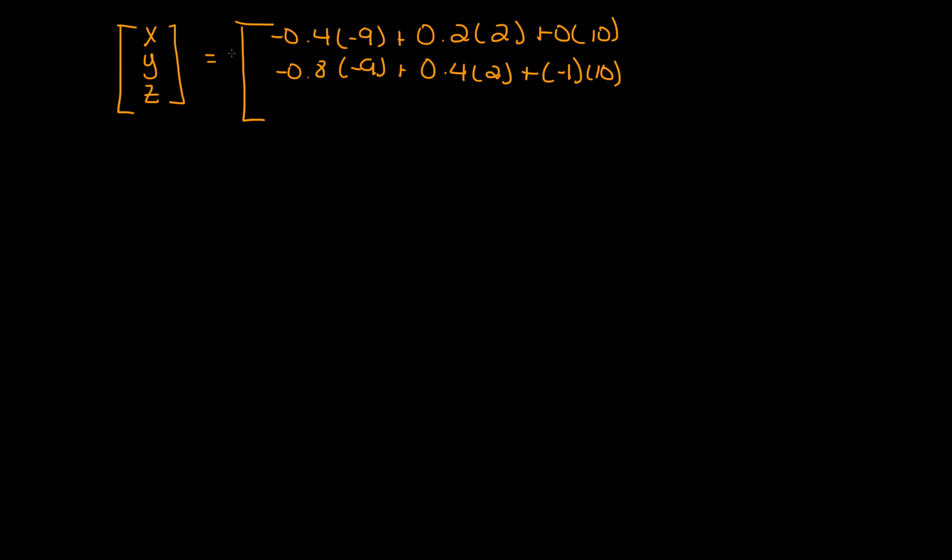Next is row 3 times the column -9, 2, 10. So this is going to be -0.2 times -9 plus 0.6 times 2 plus 0 times 10.